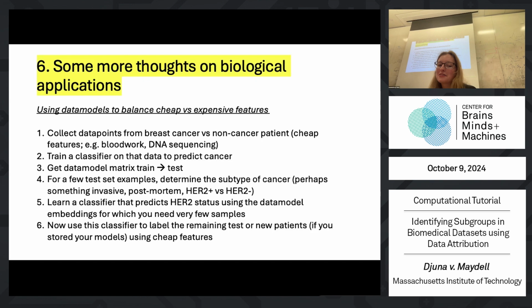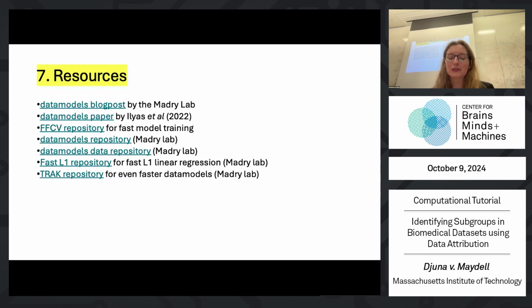So I'll leave you with that. Maybe you can mull it over. And I've included some resources here. If you're interested in more information, the data models blog post explains really intuitively the whole framework again. The paper is really great. It took me quite a few reads to get my head around everything.